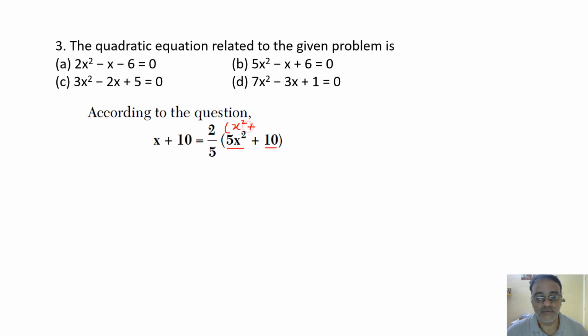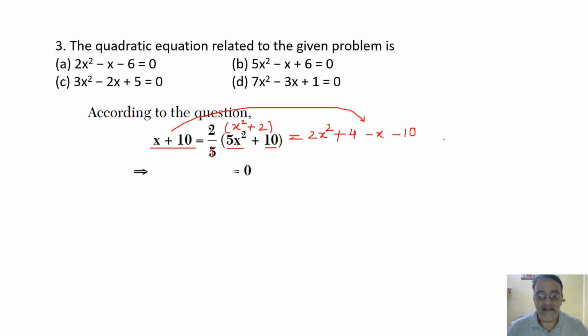Is this step clear? Yes, sir. The 5 is cancelled. So on the right hand side we get 2x square plus 4. Now if we shift this to this side, we get minus x and minus 10 equal to 0. So the final answer is 2x square minus x minus 6 equal to 0, and the correct option is Option A. Any doubt in this question?